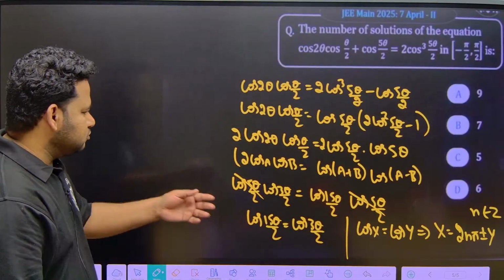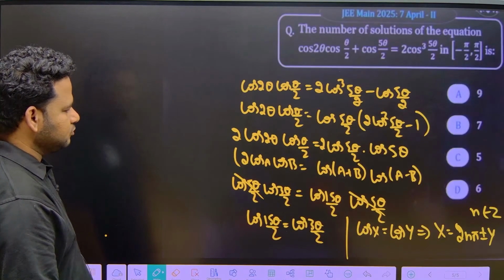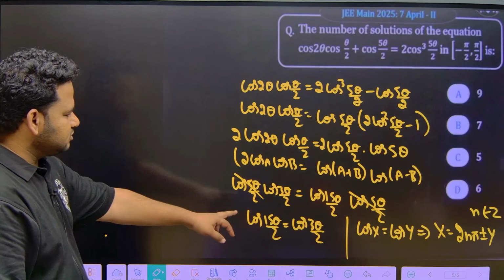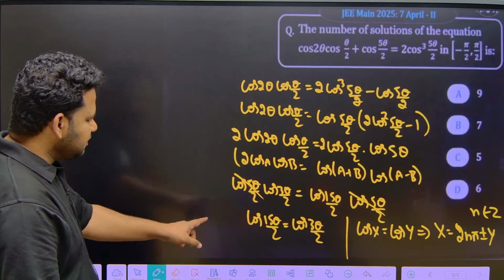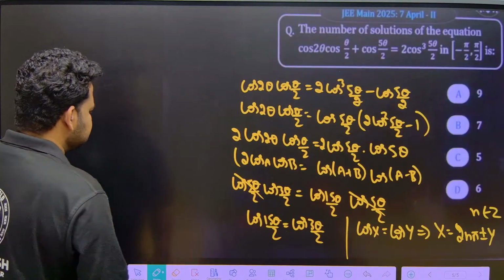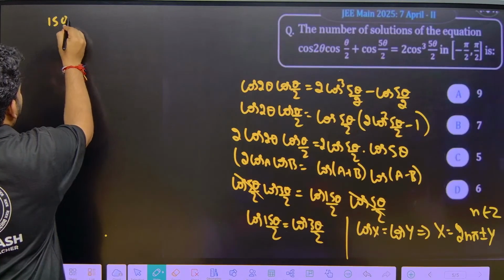So let us do this here. We have cos 15θ/2 equal to cos 3θ/2, correct? So first of all, let us write this as 15θ/2 equal to what?